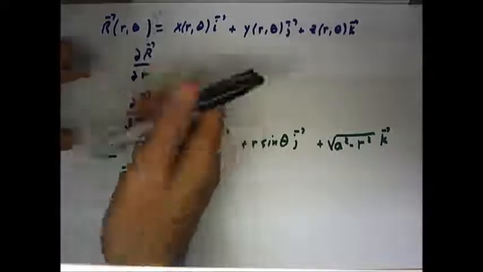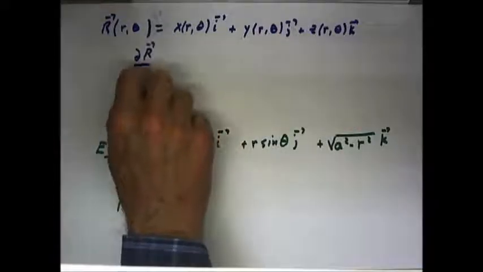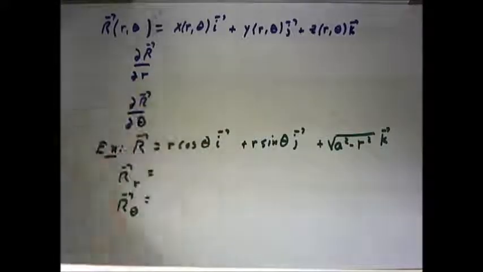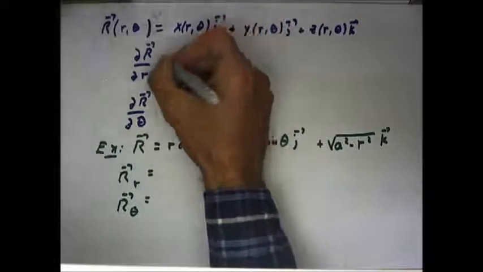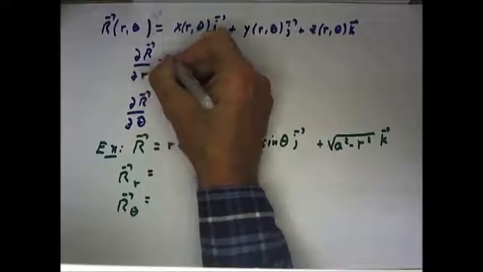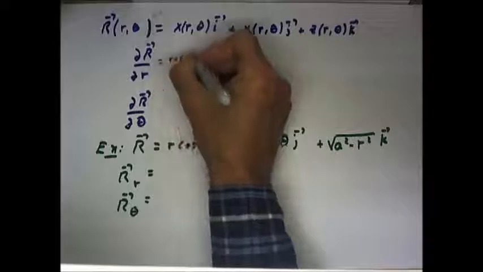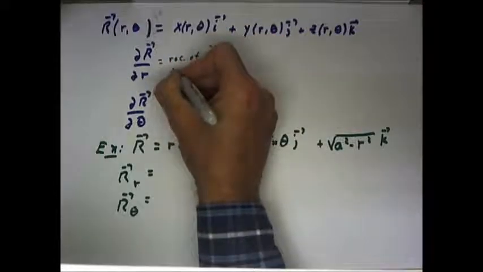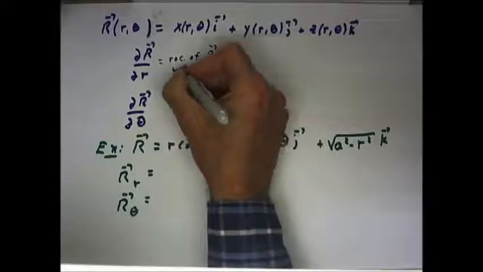Now, what is the meaning of the partial derivative of the vector function with respect to the coordinate r? This is the rate of change of our r function with respect to r.